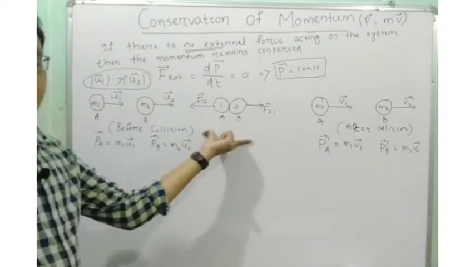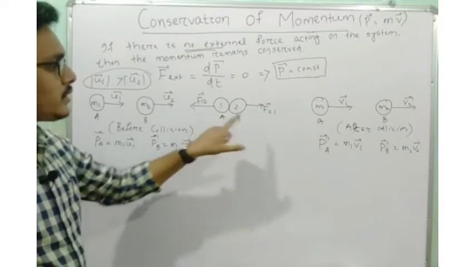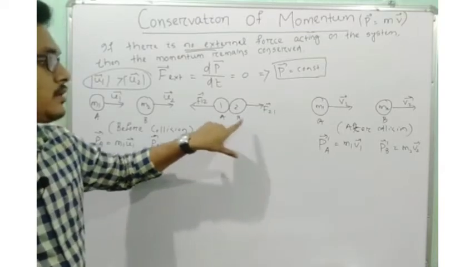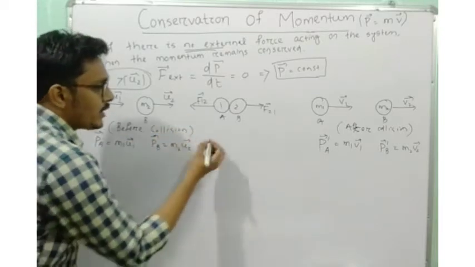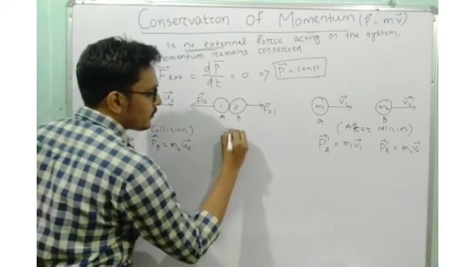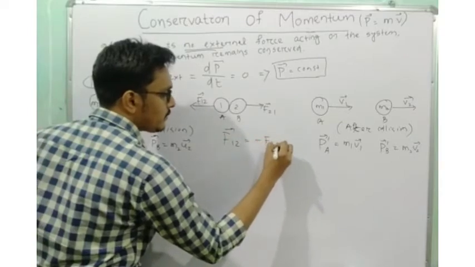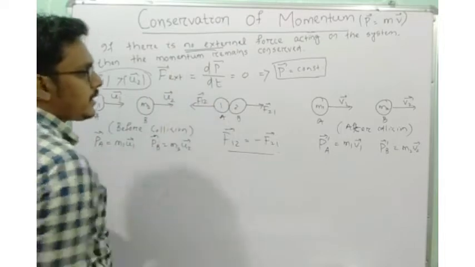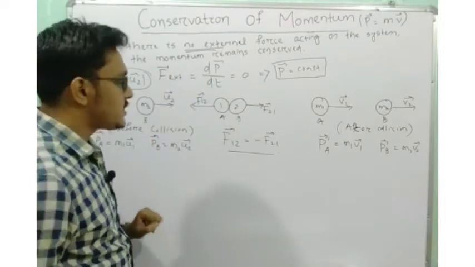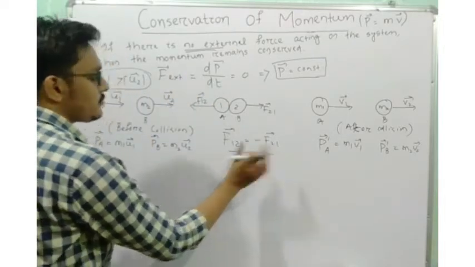From Newton's third law, we know that if A exerts a force on B, then B also exerts an equal and opposite force on A. So F12 equals negative F21. And we know that F is equal to dp by dt, the rate of change of momentum.